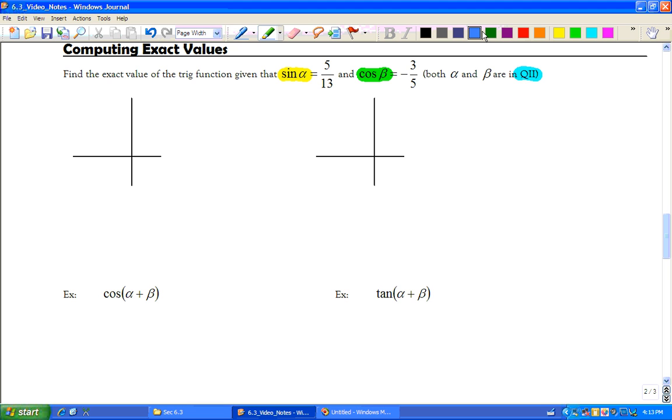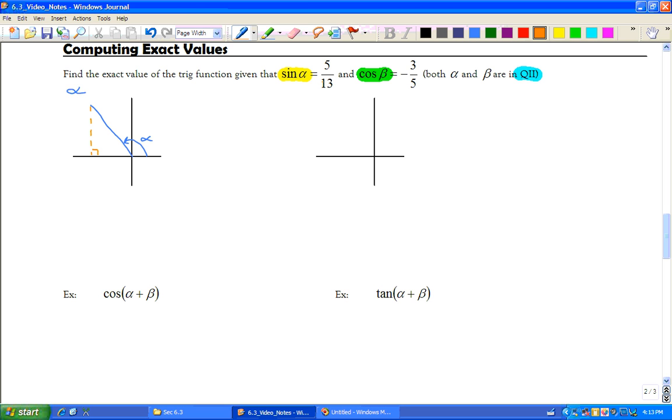So I've drawn two different coordinate planes, and let's take a look at alpha. We're going to put alpha on this one. So we're in the second quadrant, and we're just going to roughly sketch out what this looks like. So second quadrant angle, this is alpha, and let's draw in our right triangle so we can label some sides, and we're going to draw this in towards the x-axis, so we're looking at the reference angle, which has the same terminal side.